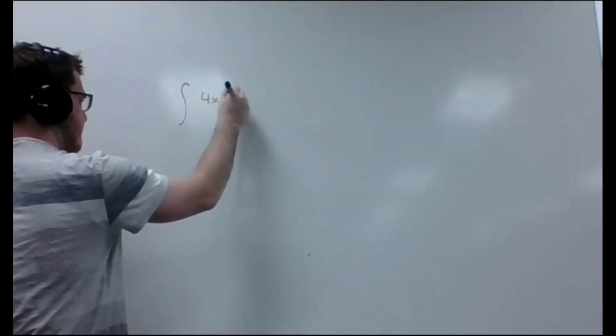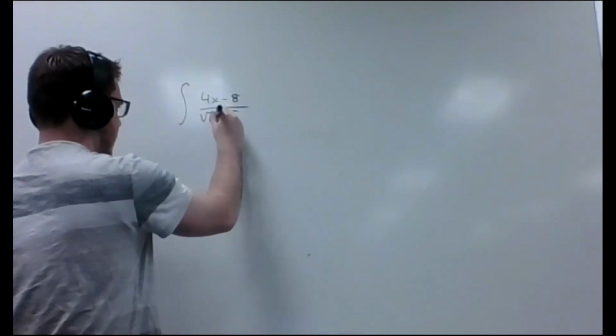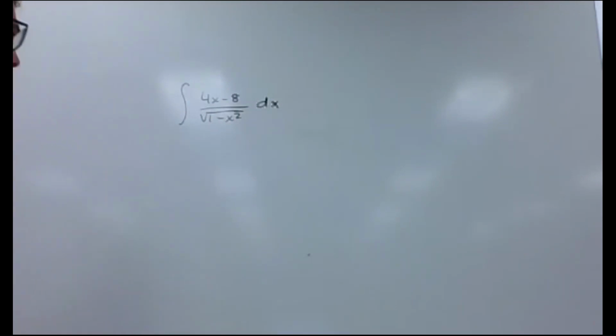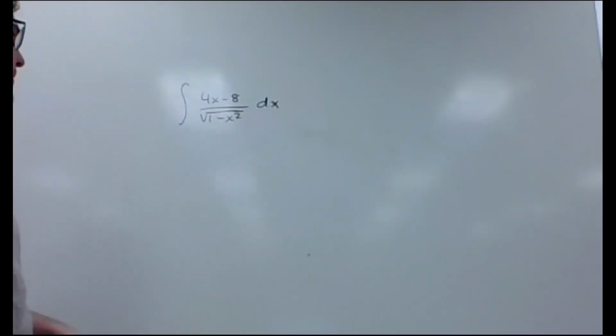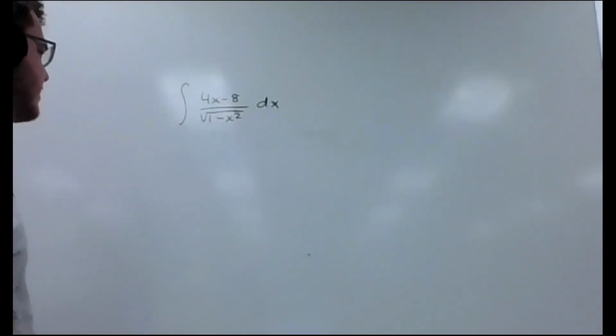So if we have an integral like this, these can be kind of confusing because at first it looks like it's going to be a u substitution problem, right? Because we have a difference of power by 1, so we can say, well, it's a u sub.